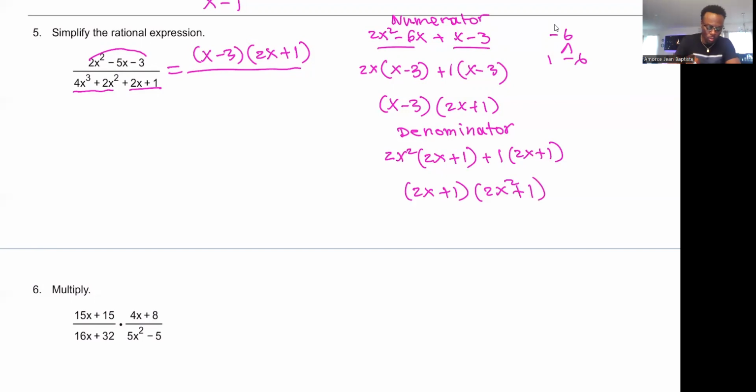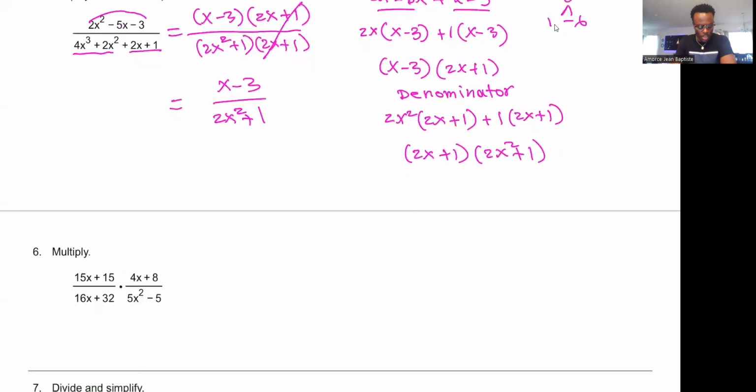The denominator is factored as 2x squared plus 1 times 2x plus 1. 2x plus 1 simplifies, and x minus 3 over 2x squared plus 1 is the simplified expression of the rational expression.